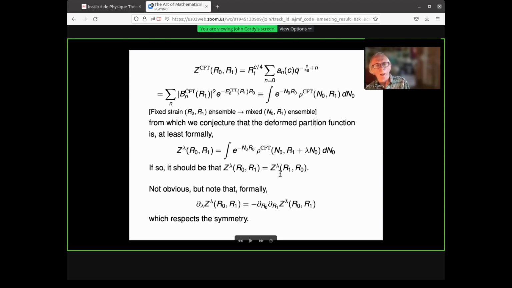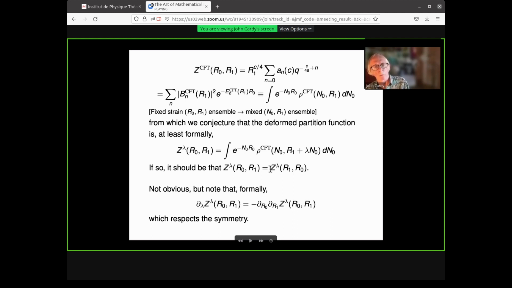And it should be that this object is still modular invariant under S. Our reason for asserting this is that the T-Tbar deformation is rotationally invariant, so it should not spoil the modular symmetry.